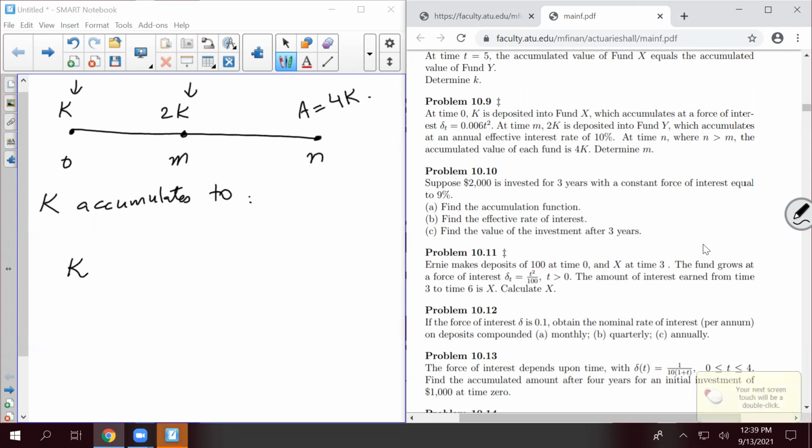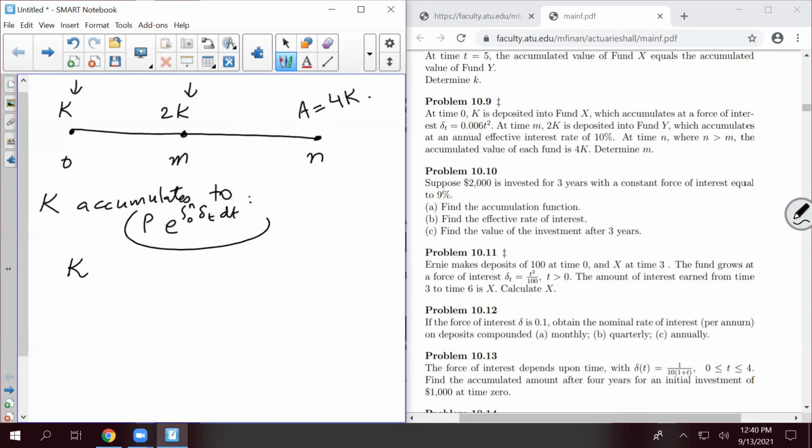Since it's undergoing force of interest, you know the formula for force of interest is this one, P e to the integral from 0 to N in this case, because the total time, it's deposited at 0 and it goes until N. So the total time is N, right? Between 0 and N, the time is N. So you go 0 to N and then force of interest dt. So that's the formula.